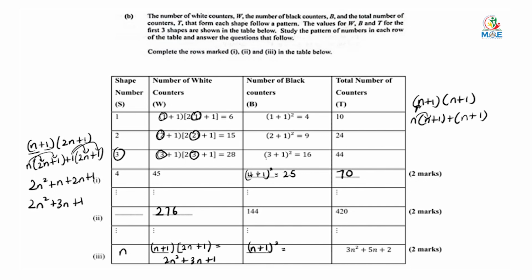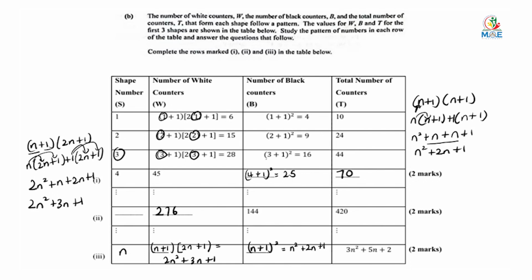So n times n would give me n squared, n times 1 would give me n, and plus 1 multiplied throughout will give us n plus 1. So we now have n squared, and n plus n will give me plus 2n plus 1. So here would be n squared plus 2n plus 1.